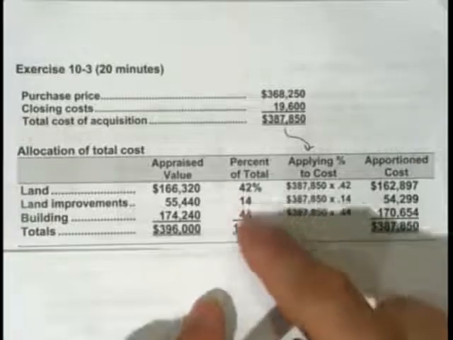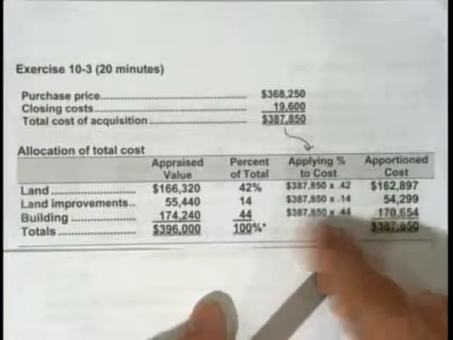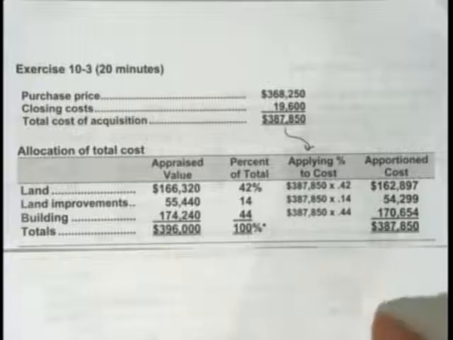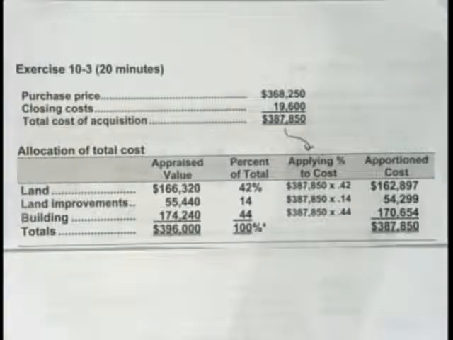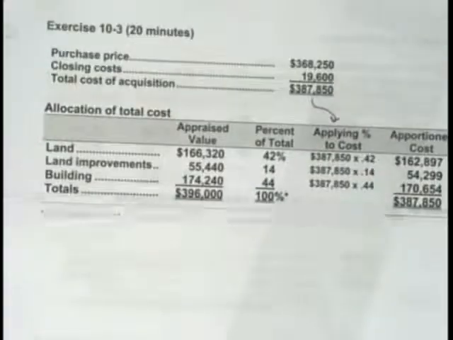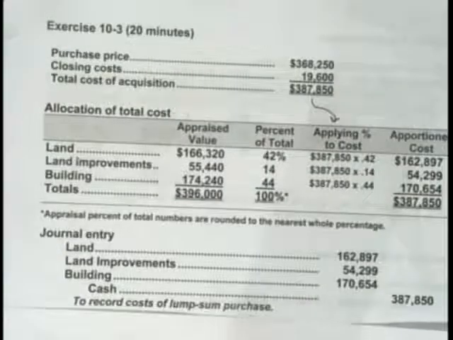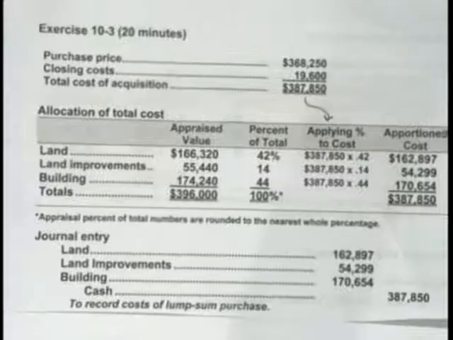So we're going to take those percentages times 387,850. That's what they're doing here. And this gives us our apportioned cost. Correct? Once again, if it's a rounding issue, that's fine, but you have to make sure that your totals add up to the 387,850, because now what we're going to do is we're going to book a journal entry, okay? And you have to have your journal entry balance, don't you?